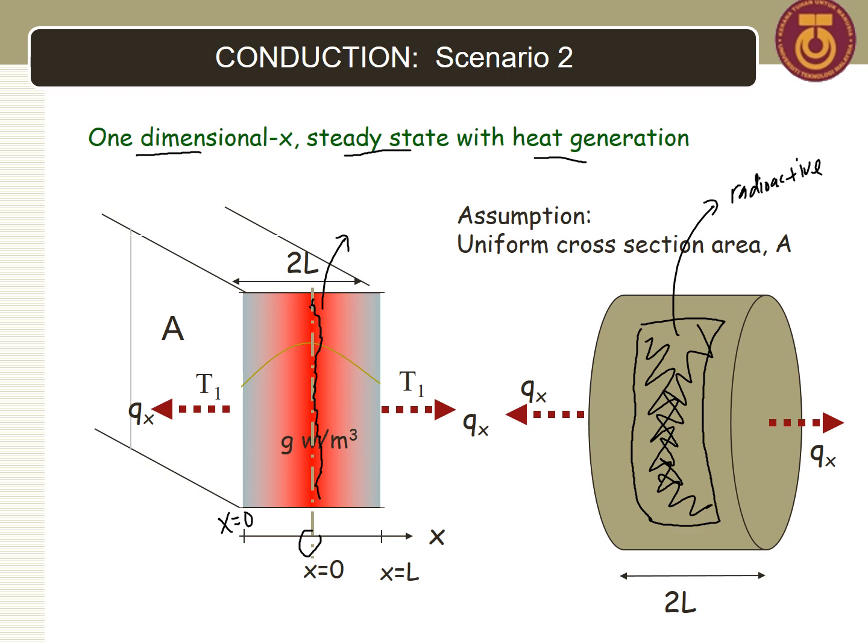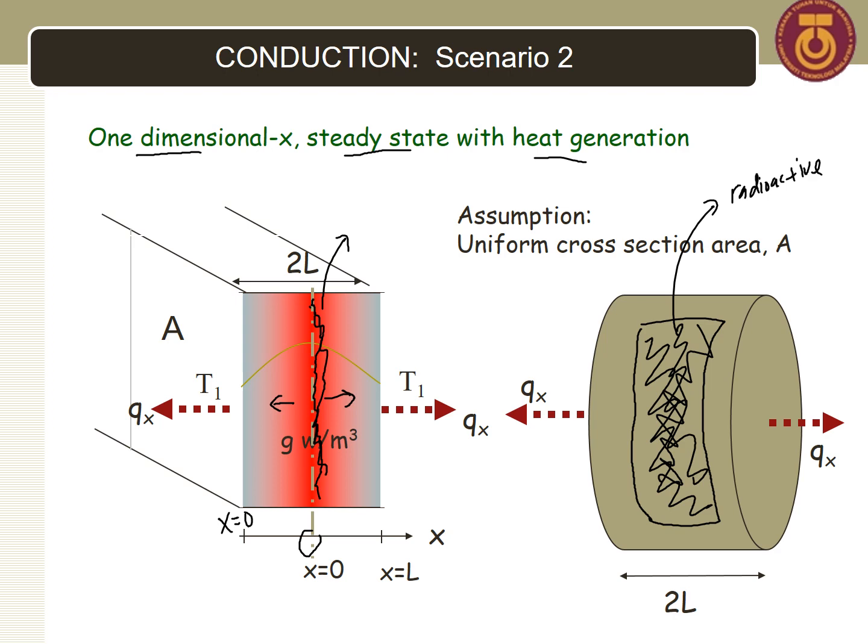These radioactive components are releasing heat, constant heat, generating heat. Or it could be some sort of heating element in the center, generating a certain amount of heat, and this heat is released to the surrounding through the walls.